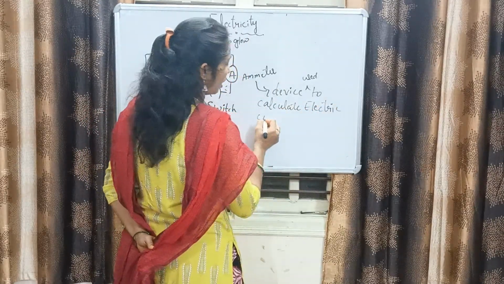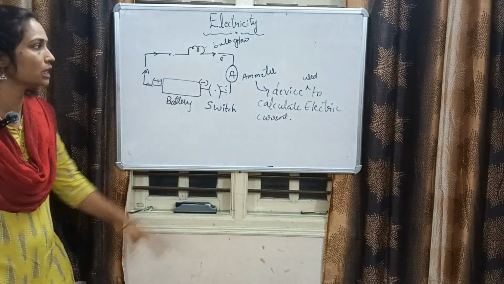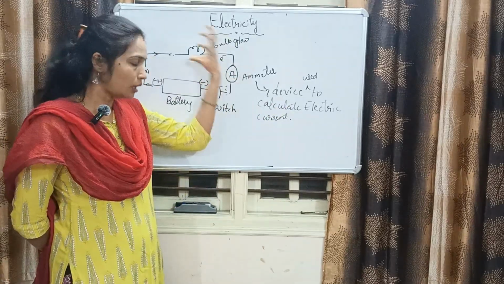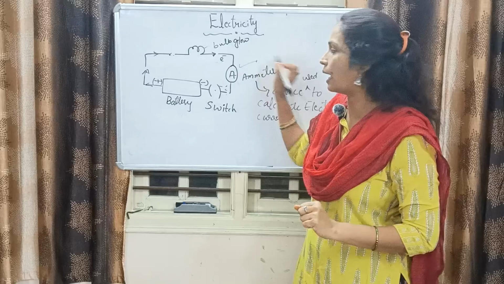How much current is moving and how much charge is flowing should be calculated in terms of coulomb per second. How to calculate that? There is one device called an ammeter.